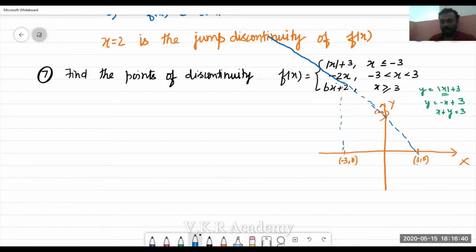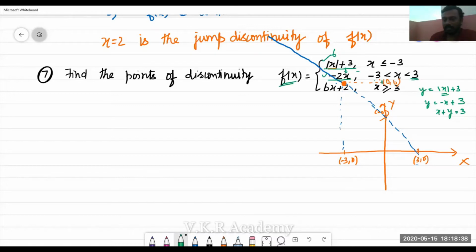Now in the interval minus 3 to 3, y is minus 2x. y is equal to minus 2x will be the line. When you substitute minus 3, it takes the value plus 6. Similarly here also. So this will be the common point, because when you give minus 3 here, it is also 6. So this point is going to be 0, 6.